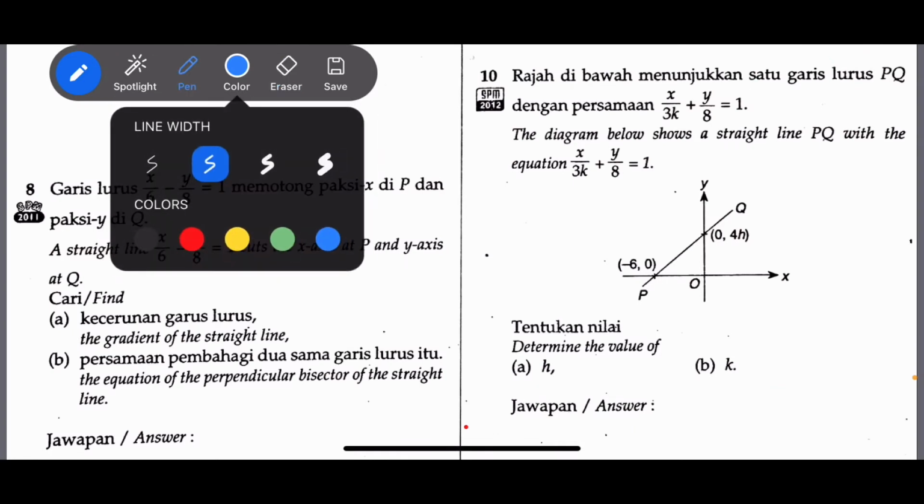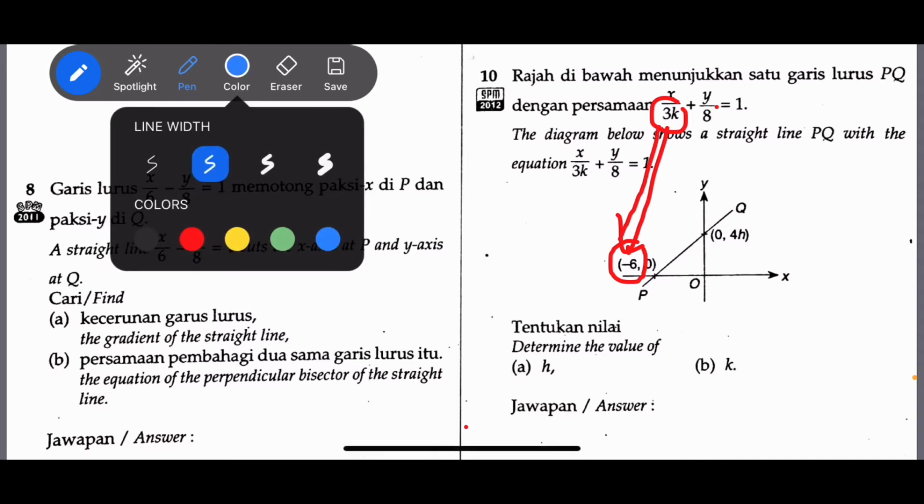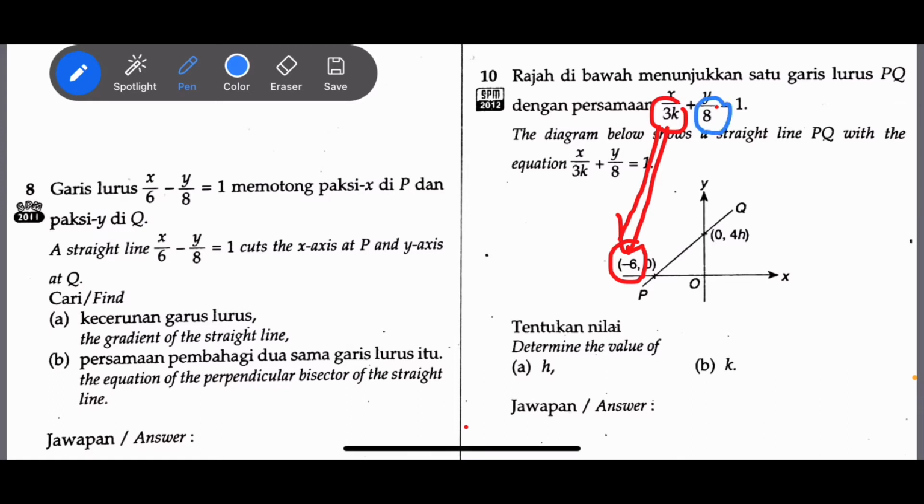Let's proceed to another popular question in trial exam. This is an equation in intercept form, so it is x over the x-intercept, and the x-intercept is negative 6. So I can say that 3k is equal to negative 6, and the 8 is the y-intercept, which is equivalent to 4h. Hence, I can equate them and solve for k.